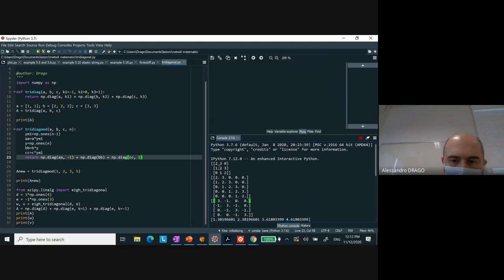So it finished here and here. So the main diagonal has offset equal to 0, which is K2. K2 goes with the B. So this is the main diagonal, and the B is just filled with 2, 2, 2, 2. And finally, the upper diagonal, which has an offset +1, is 3, 3. Okay.